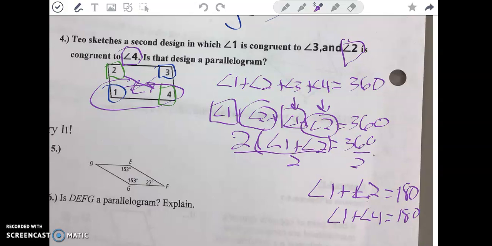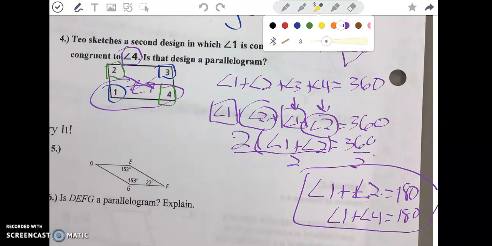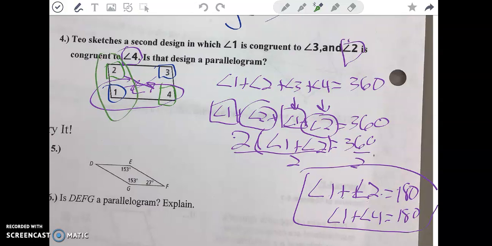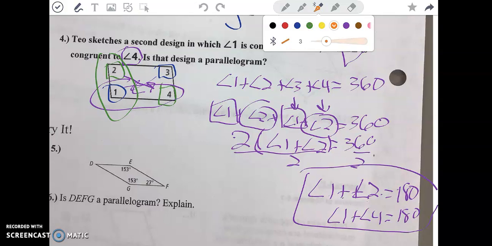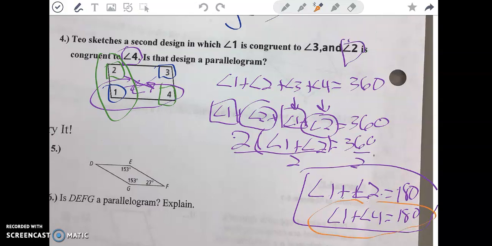Both of them are right here, 1 plus 2, and in our diagram we also have 1 plus 4 equals 180, which is this consecutive pair right here. So yes, we have consecutive angles being supplementary, therefore this is a parallelogram.